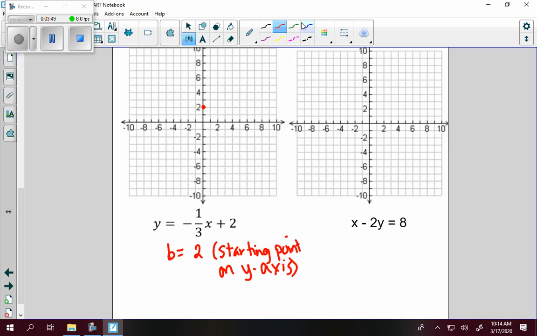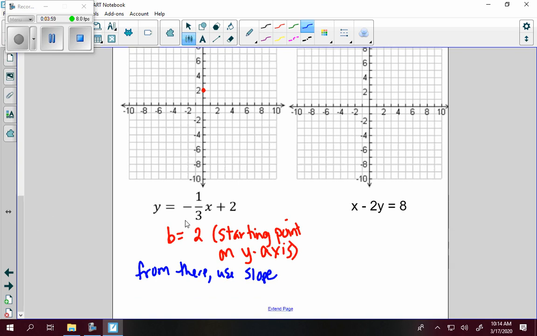From there, we're going to use the slope, and the slope, we notice, is the number attached to x. So we're going to go down 1 over 3, since it's negative. So from this starting point, we're going to go down 1 over 3. And then draw your line.